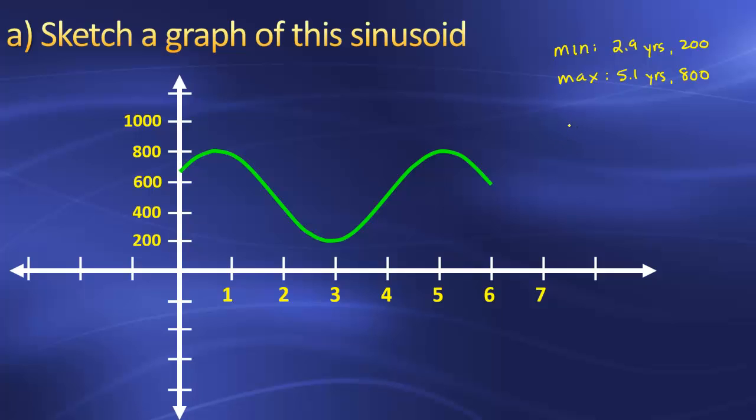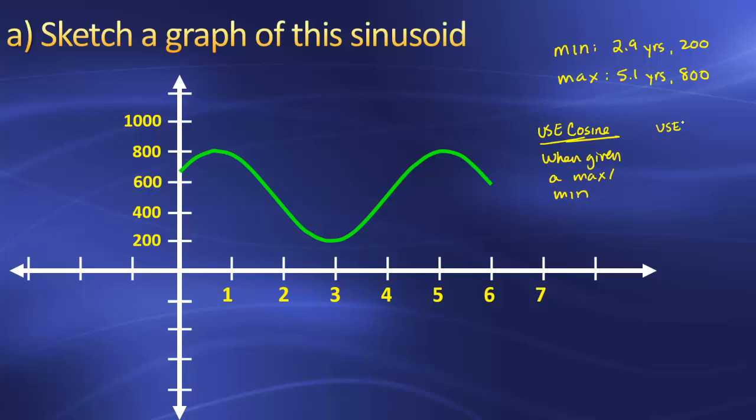So this is my general rule of thumb, and it seems to work pretty well. Use a cosine graph when given a maximum or a minimum. Okay, so use cosine then.